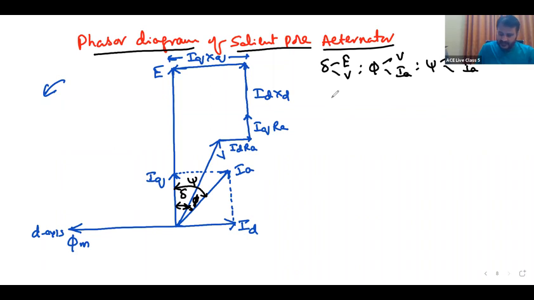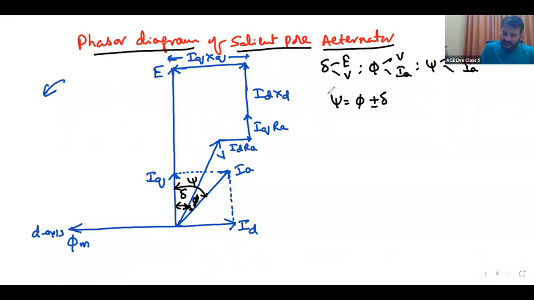And what is psi? Psi is equal to phi plus delta. For lagging power factor, it is plus delta. For leading power factor, psi is equal to phi minus delta. So psi is equal to delta plus or minus phi.